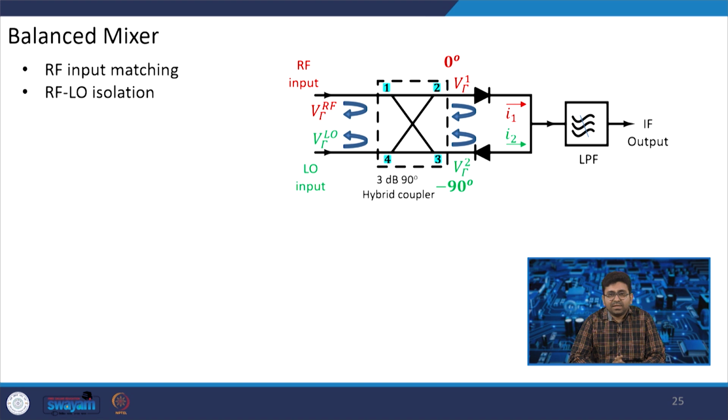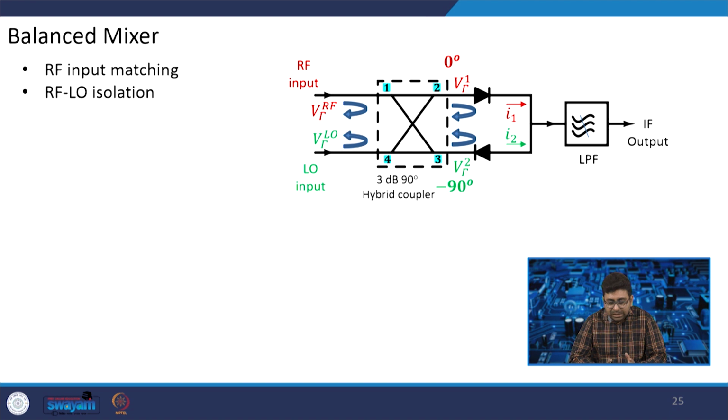As we discussed in the last class, for a FET mixer, we can use either a FET or a diode, a highly switching diode like a Schottky diode. So, we can also make a mixer at sub-terahertz or terahertz frequency using this approach.